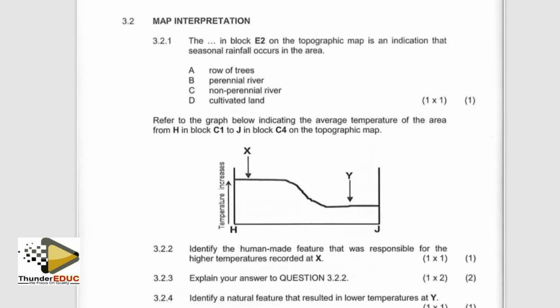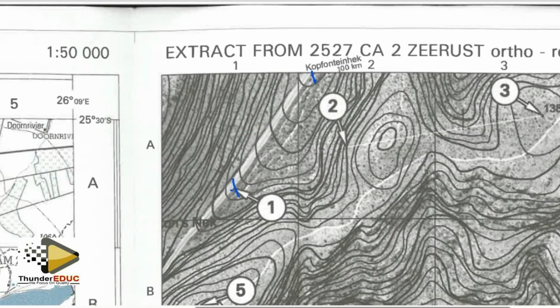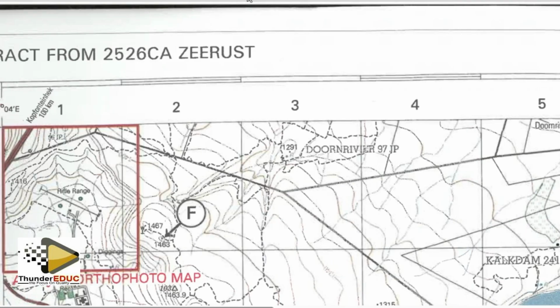3.2, its interpretation now. So 3.2, we're referring to the block dash in E2, and that indicates the season of the rainfall. The dash in this block E2 on the topographic map is indicating which season of rainfall.